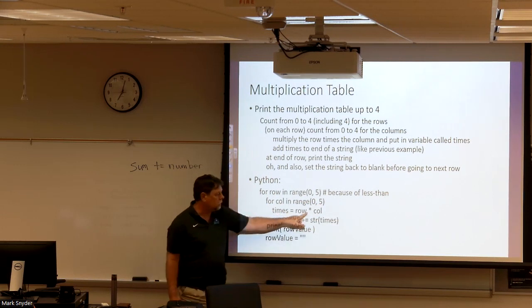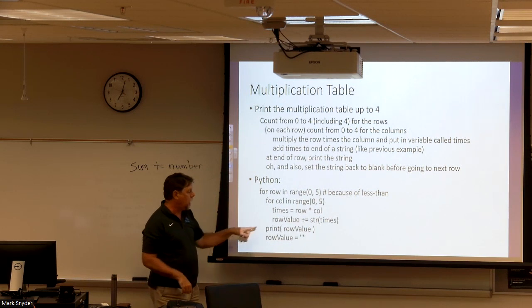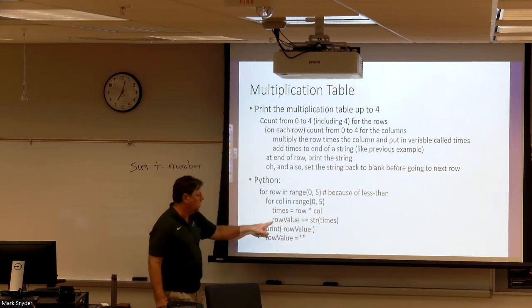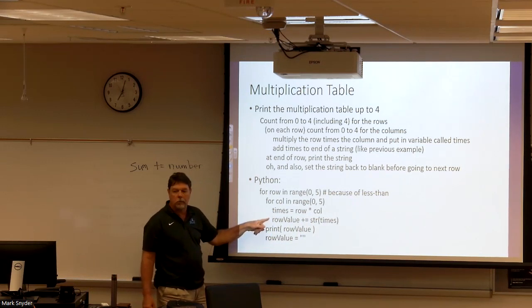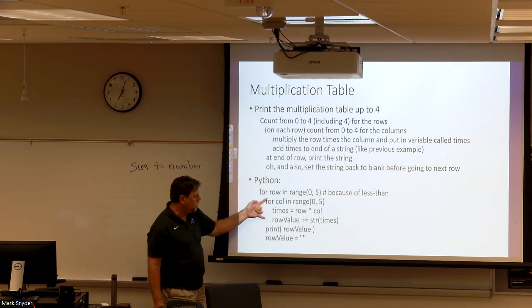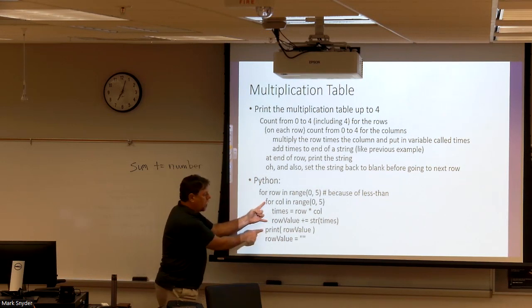We multiply those two together to get our times. And then we append that, concatenate it to the end of our row value, similar to the previous problem. Then once we've exited the inner loop, we've got the text for one row. So we print the row.